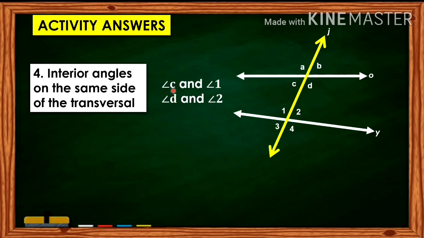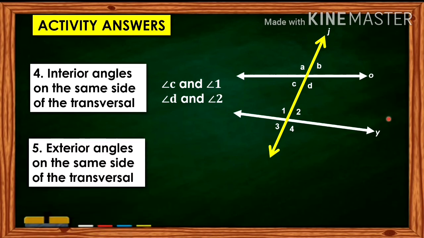So we have angle C and angle 1, angle D and angle 2. And the last one, exterior angles on the same side of the transversal. So angle A and angle 3, angle B and angle 4.